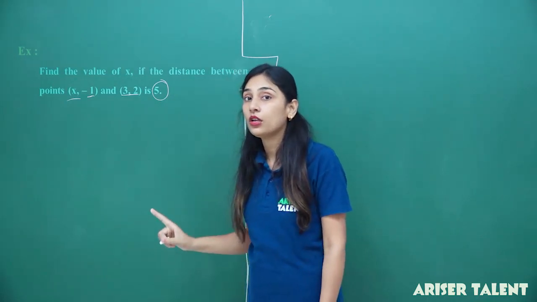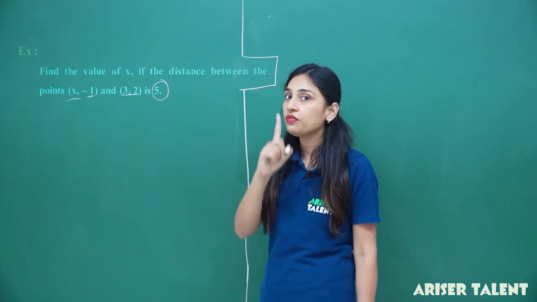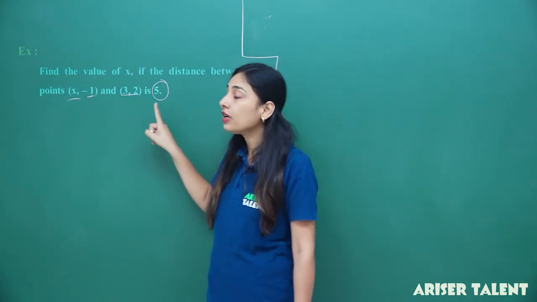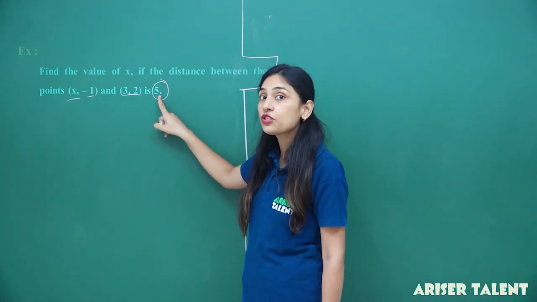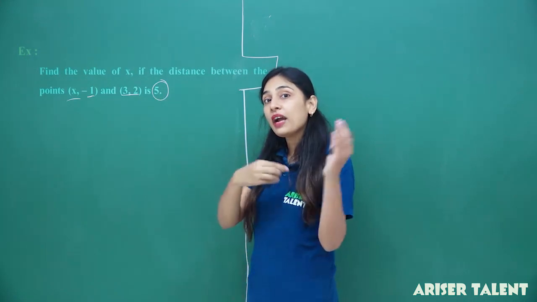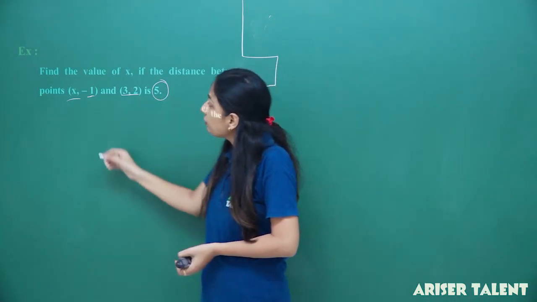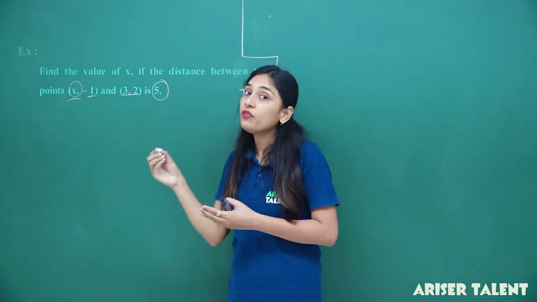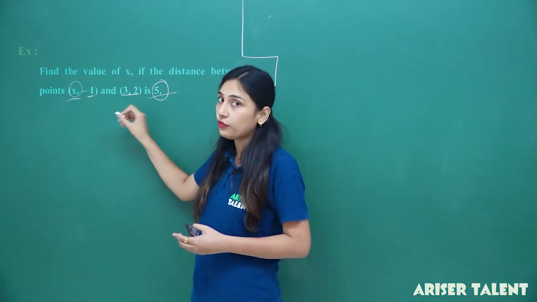Overall, in the complete equation, we have only one unknown, and that is x, because we have the value of the distance, which is 5. So the value we found in the previous question is now provided to us, and one of the values used to find this distance is unknown to us. So, we have to find that.